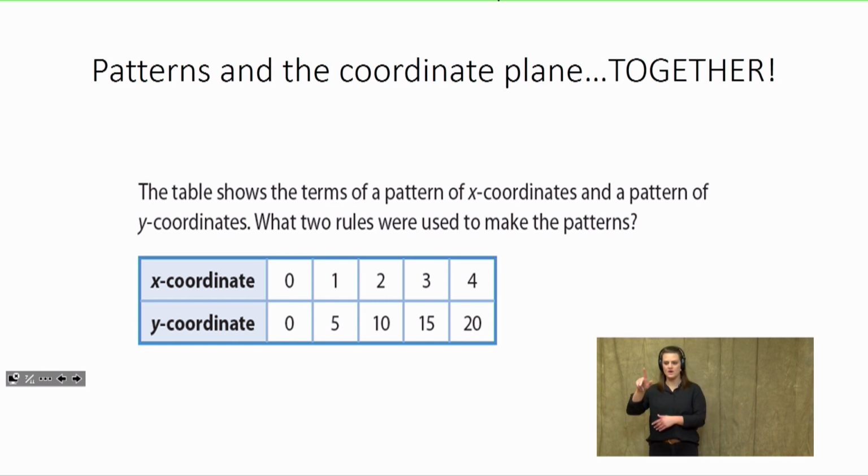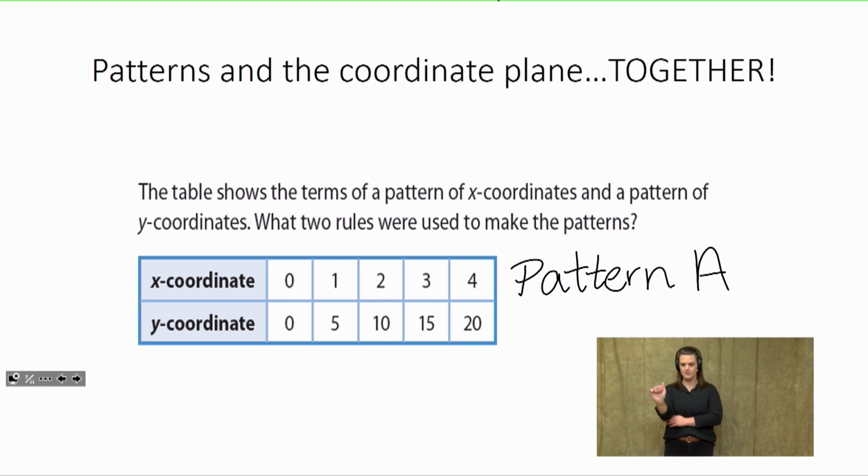So this x coordinate, I'm going to label it pattern A. Anything in my first pattern, pattern A, is going to be along the x-axis because x comes before y. And then my y coordinate is pattern B.